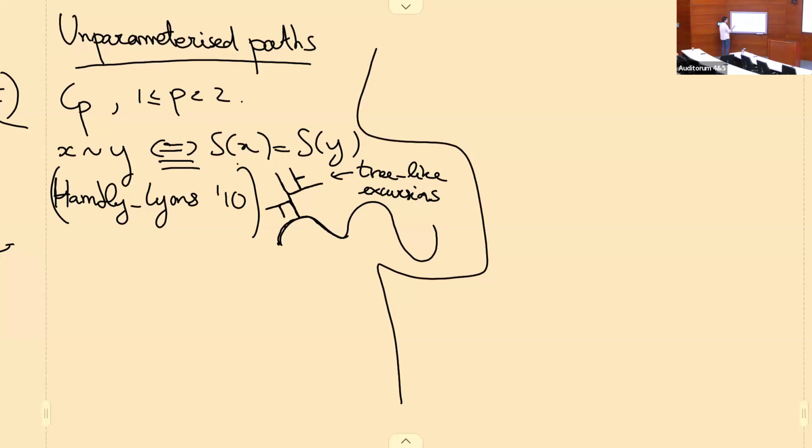So the space of unparameterized paths. Definition: the space of unparameterized paths of finite p variation is simply going to be defined as the space of paths of finite p variation modulo this equivalence relation, the equivalence classes of paths that share the same signature.